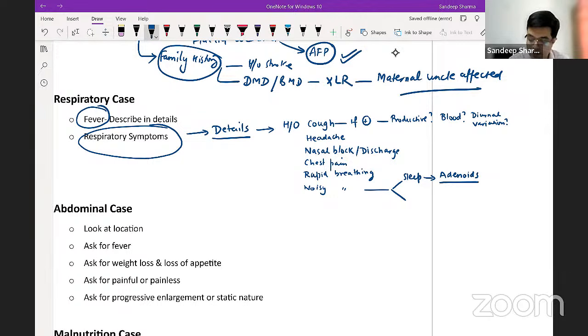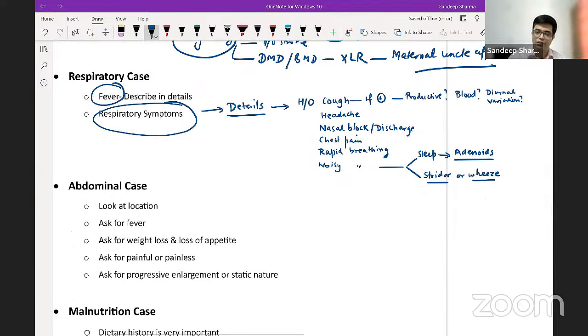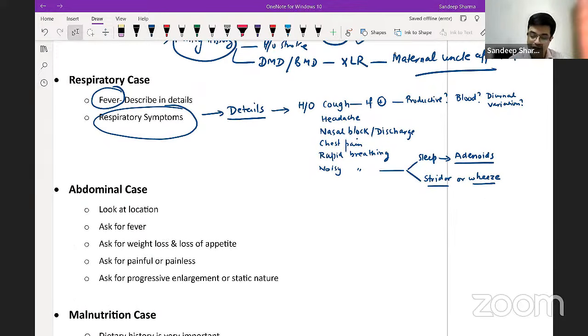If it happens during the awake state or any time, it can also happen due to stridor or wheezing in the patient. Whether it is stridor or wheeze, you will be able to make out only when you examine the patient. And you will ask for any associated bluish discoloration because of respiratory symptoms, present or not. And you will ask for any features of distress.